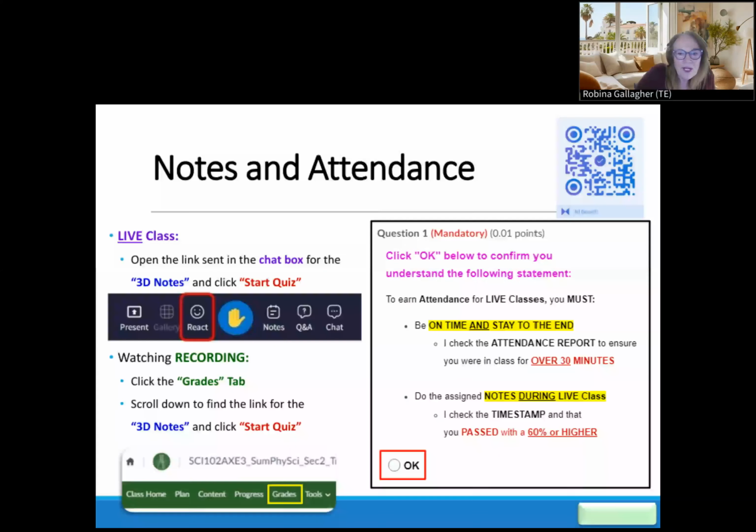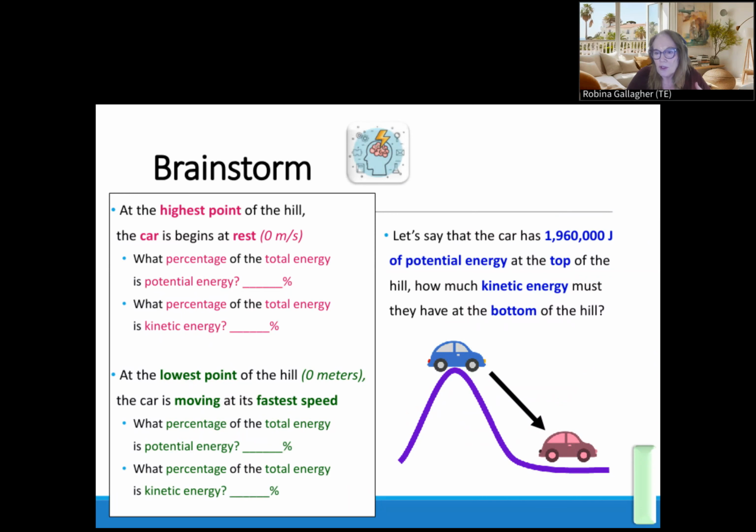Here we go. So when we look at position and motion, I know that potential energy depends on its position and the height of where it is. That's potential energy. Whereas kinetic energy depends on its movement, not so much on the position.